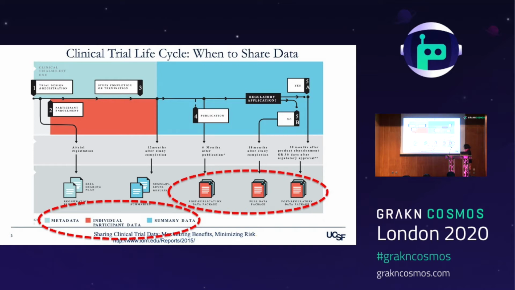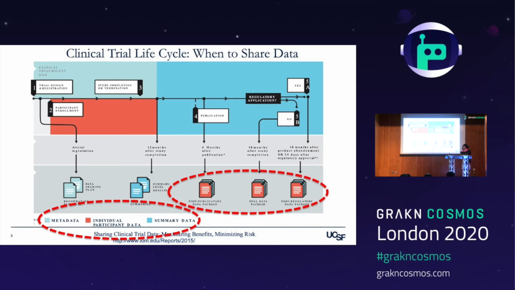And then during the publication, you share the data packages, and after the drug is approved, or during the approval process, you submit the data to the regulatory agencies. So as you can see, there's a lot of data getting generated, and if it gets shared, then the community benefits.